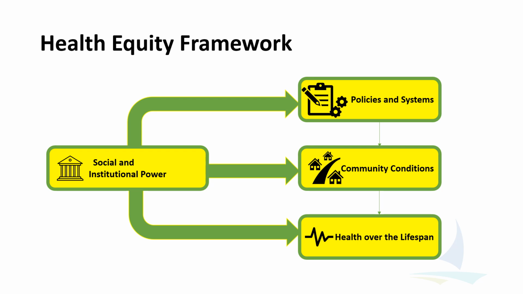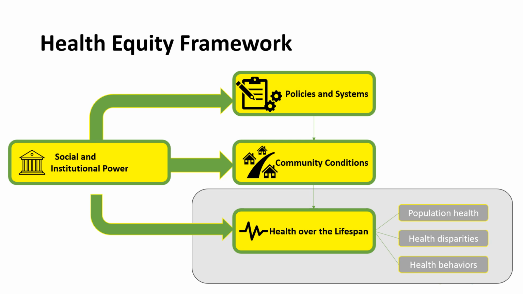This framework highlights four interconnected factors: social and institutional power, health over the lifespan, policies and systems, and community conditions. If we zoom in on health over the lifespan, we see population health outcomes. Health outcomes such as incidence of disease, injury, and death, and the disparities at a population or group level in these outcomes.